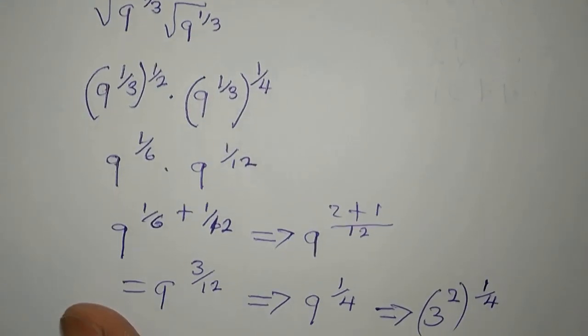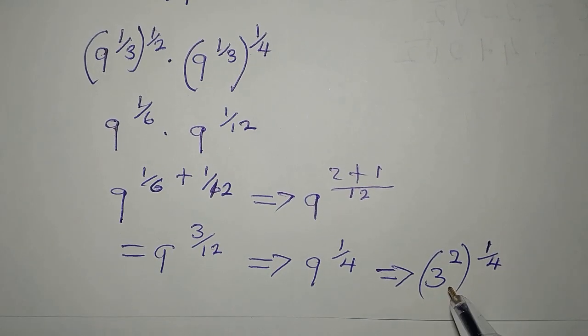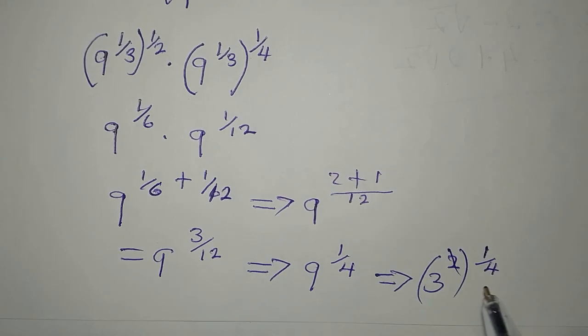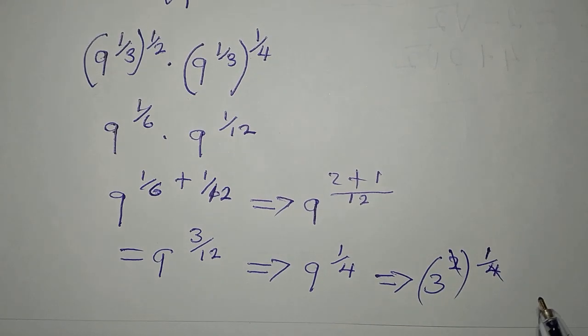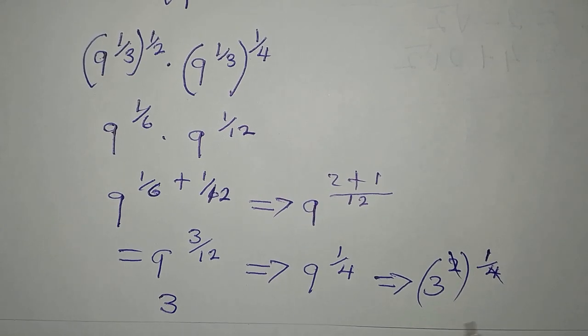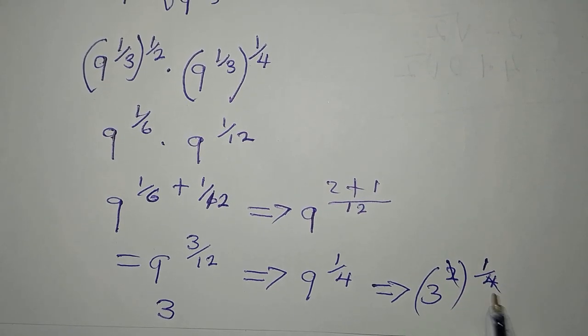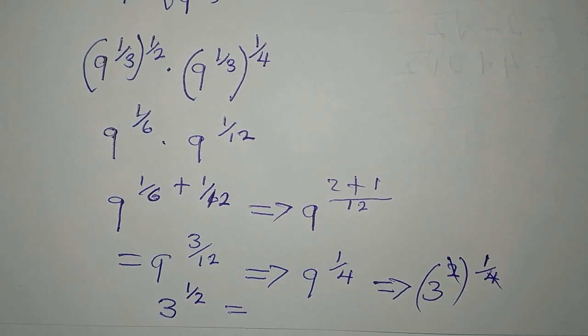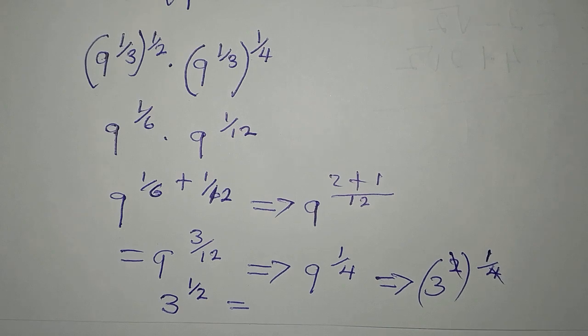Okay, so we are here. 9 is 3 to the power of 2. Now this can go here 2 times, right? So meaning that we'll be having 3 to the power of 1 over 2. And I told you before that any number raised to the power of 1 over 2 is the square root of that number.